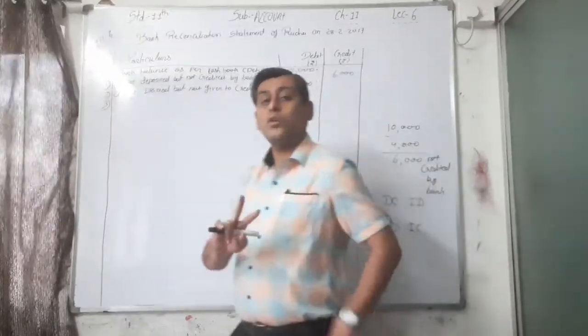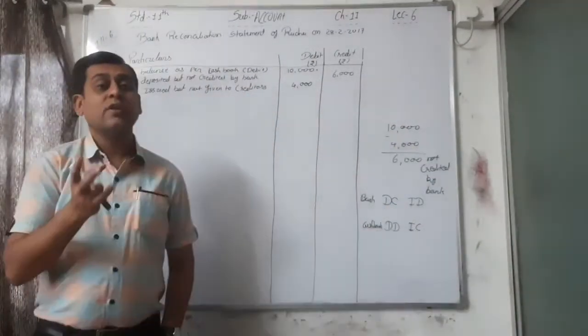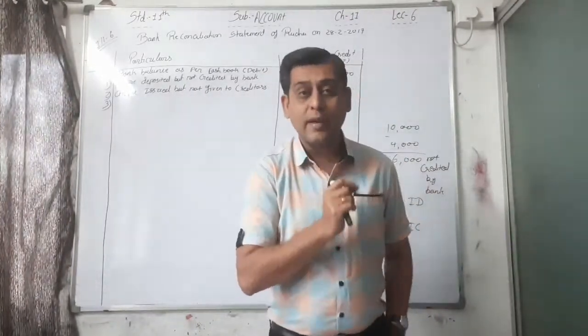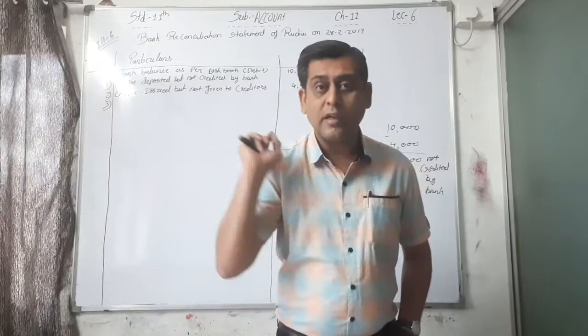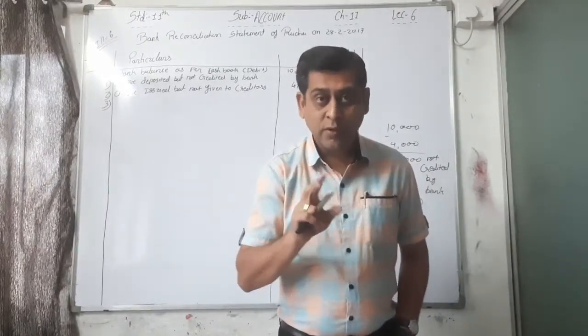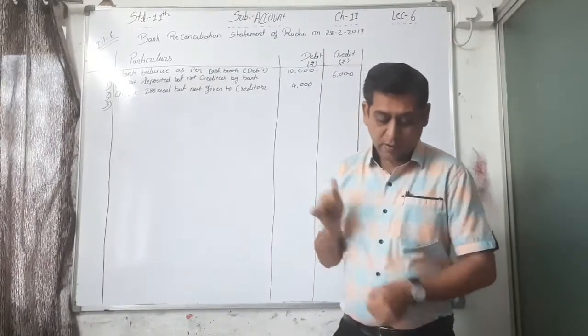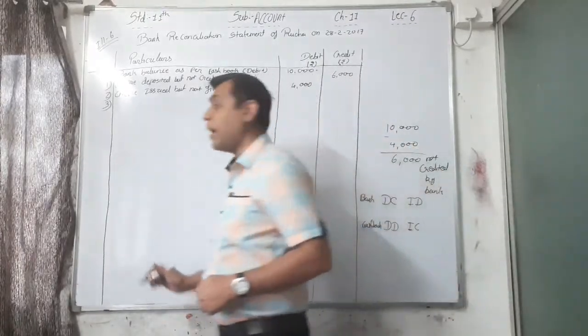So we have to do just the reverse: whatever is debited by the bank, we credit in the bank reconciliation statement. Third point, insurance premium paid by bank not recorded in cash book.